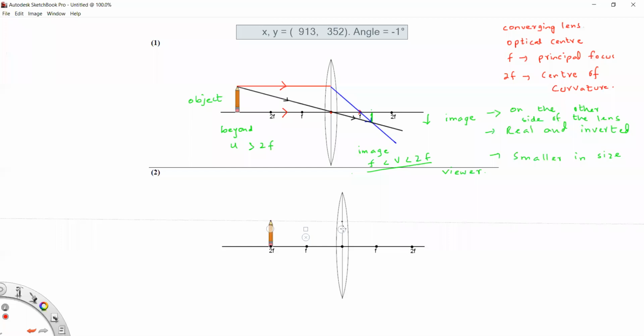These rules were already discussed in the online classes: if a light ray is parallel to the principal axis, what happens next? It passes after refraction through the principal focus. Like this.